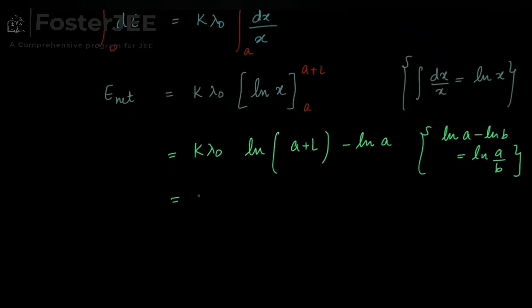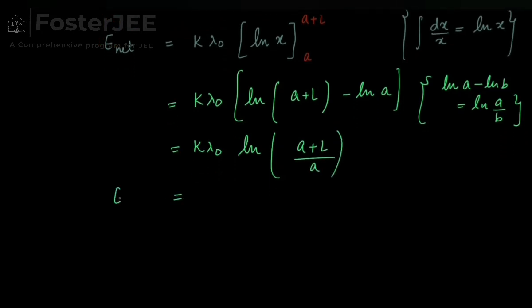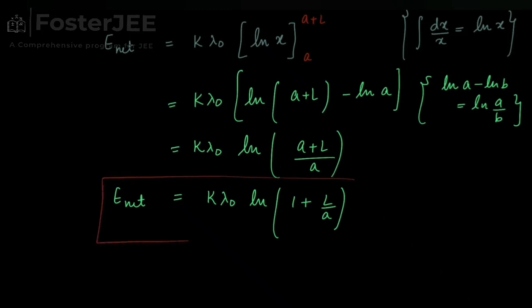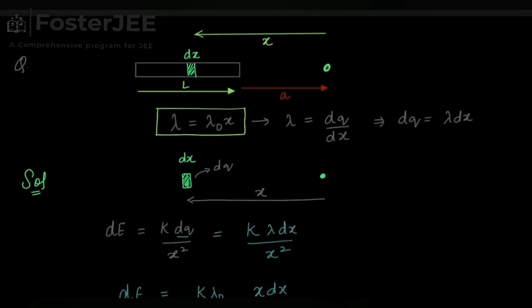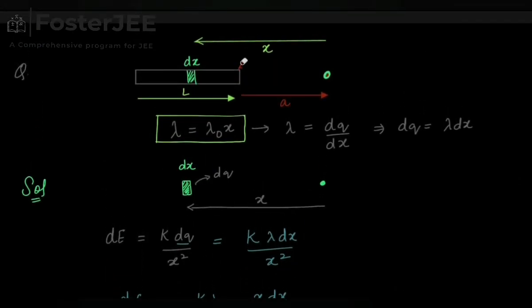So it becomes k lambda naught ln((a plus l) upon a), and hence E net is k lambda naught ln(1 plus l upon a). This is our final electric field due to a non-uniform rod at a distance a from this end of the rod.